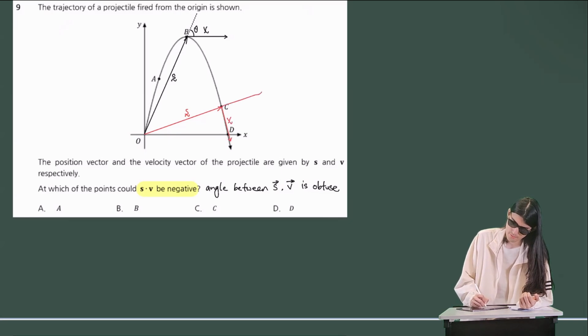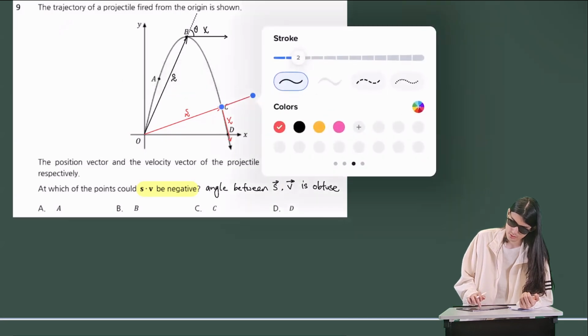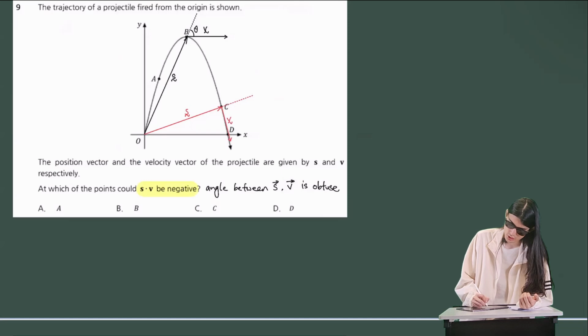And you guys can see that that really is the only point at which this angle theta between the displacement vector and the velocity vector could be obtuse.